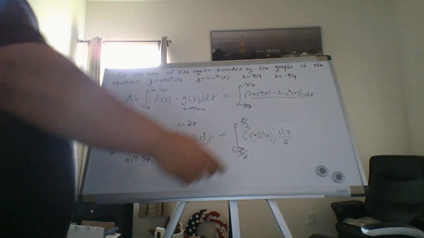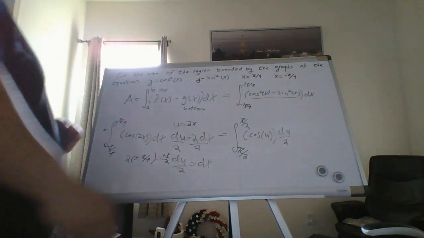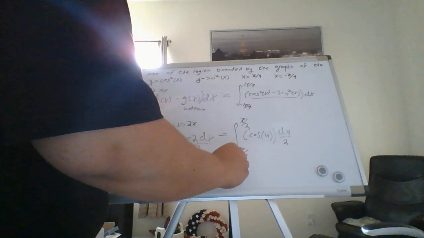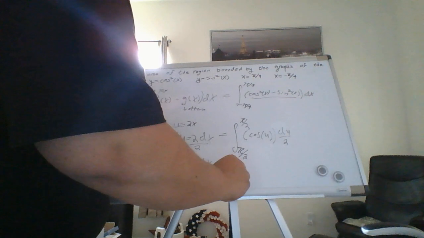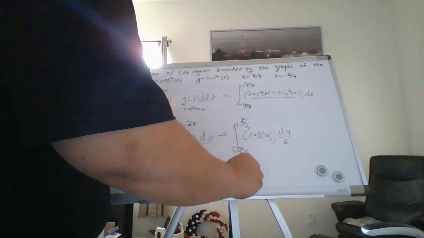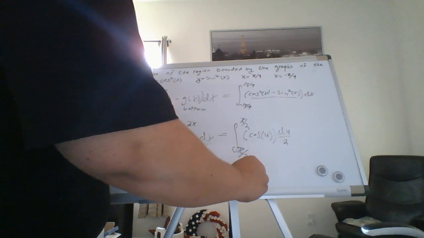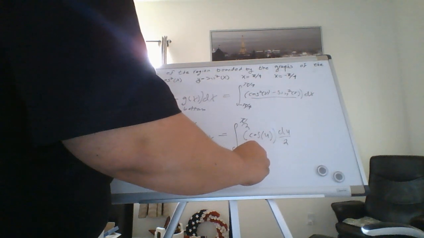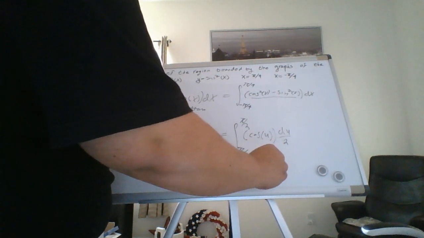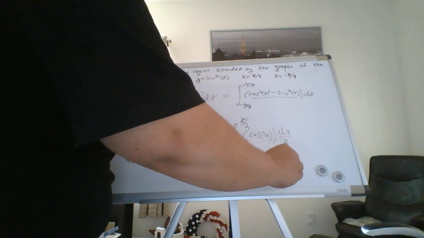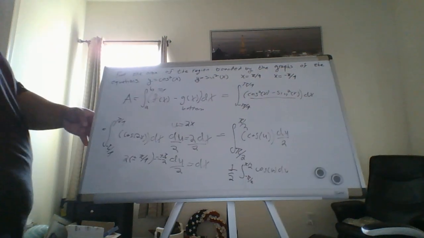Now we just put that 2 in front of the integral and we get 1 half times the integral from negative pi over 2 to pi over 2 of cosine of u du.